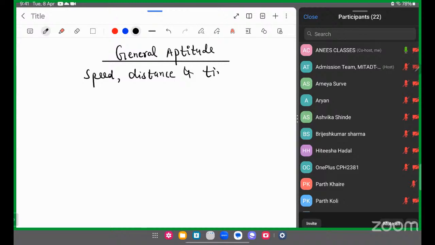This is basically a concept of physics. Questions will be straightforward. You just have to remember the formula. What is the formula for speed? And what are the corresponding relations which we can obtain from it? That is all.